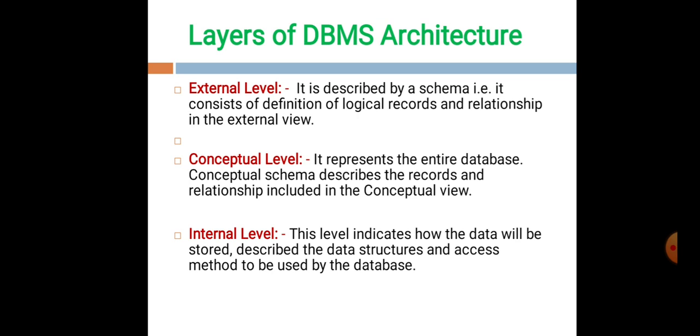The second one is the conceptual level. It represents the entire database. The conceptual schema describes the records and the relationships included in the conceptual view. The last one is the internal level. This level indicates how the data will be stored, and describes the data structures and access methods.